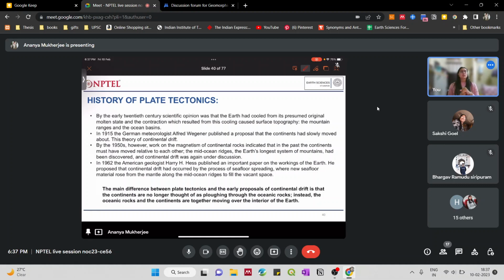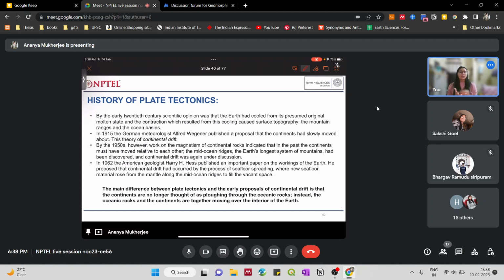So these were the discoveries that were being made, and when they mapped the entire mid-Atlantic Ocean ridge, that's where they realized later on that what Wegener was saying, that the continents were actually together at one place at one time and then they drifted apart. They were slowly finding validation for that theory.